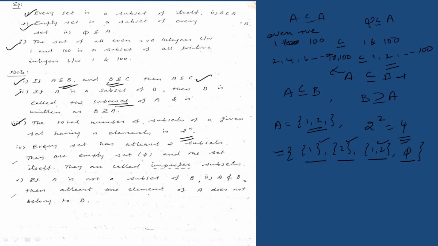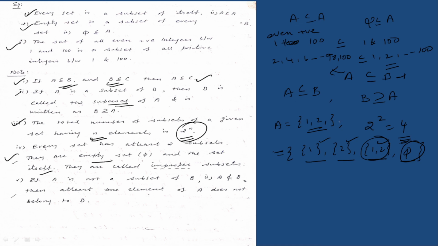In general, if any set consists of n elements, then its subsets number 2 to the power n. Next, every set has at least 2 subsets. That is also true, because of the empty set and the set itself. Look here: A is the set 1 and 2, so its subsets include the set itself and the empty set. So every set has at least 2 subsets.